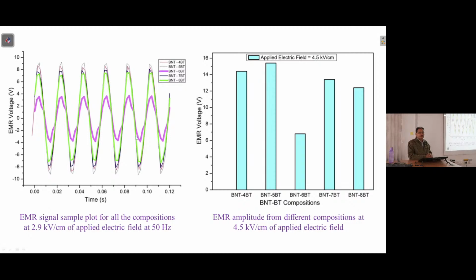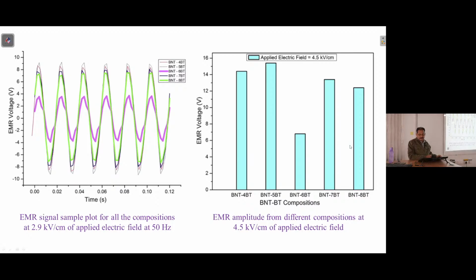But here just the opposite has been observed. This thicker one represents the EMR voltage obtained for the 6BT, which ideally is supposed to give better results, but here it is just the opposite. Amplitude for other cases is high, for this it is lower.